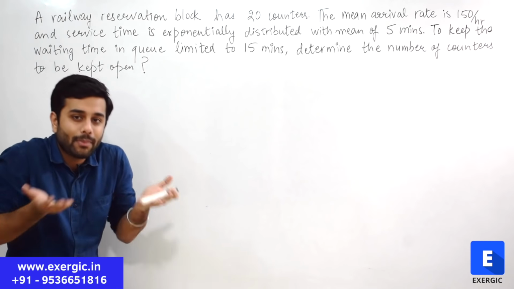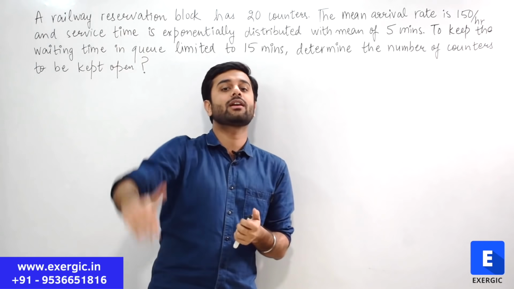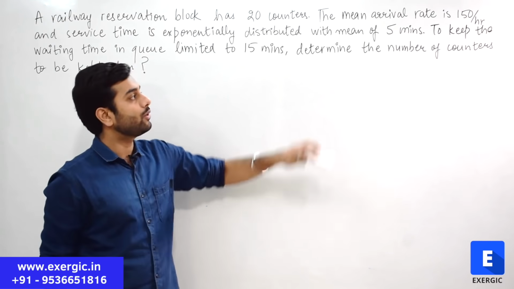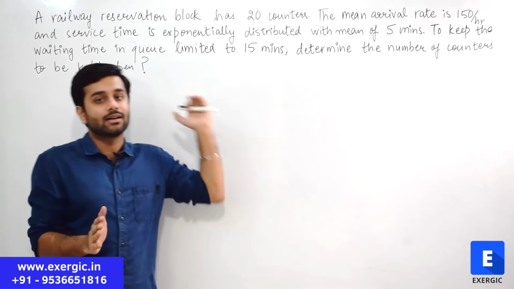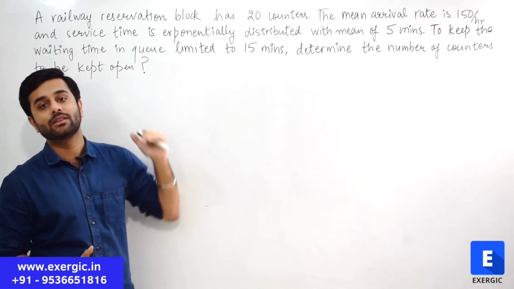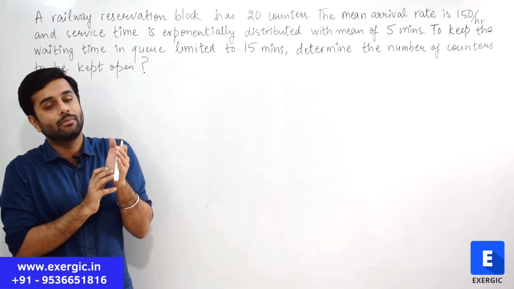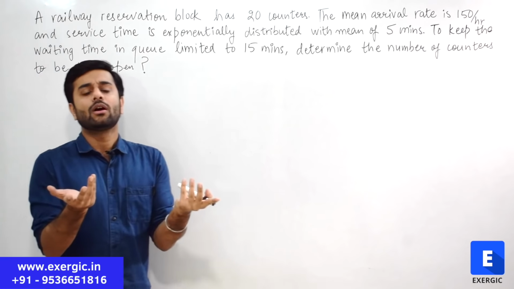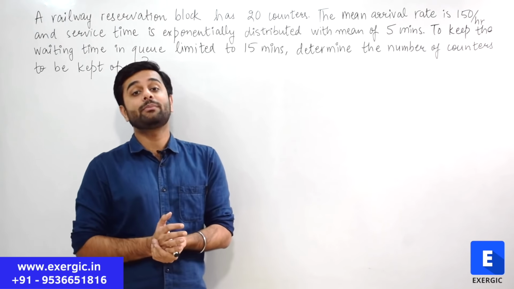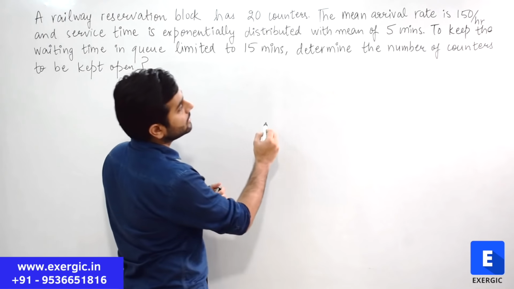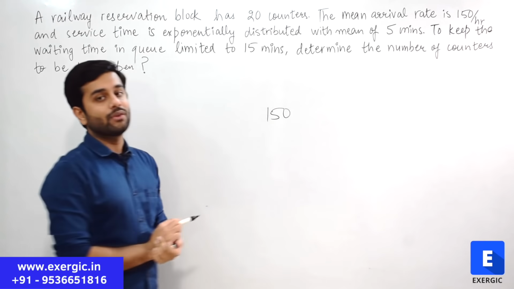You are not even prepared to handle the peak arrival rate. You are only doing the calculation for the mean arrival rate, and you are expecting that the waiting time in the queue will be limited to 15 minutes in peak hours also. How do you know the value of peak hours? How much arrival will be there in the peak hours? How do you know? It is the average value, 150 per hour.